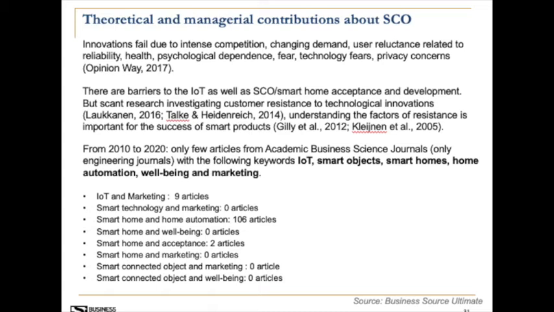There are only 9 articles on IoT and marketing, 0 articles with the keyword smart technology and marketing, 160 articles on smart home and home automation, but engineering articles, 0 articles about smart homes and well-being, only 2 articles about smart home and acceptance, 0 articles about smart homes and marketing, 0 articles about smart or connected objects and marketing and well-being. So you see there's a big gap, and research is necessary to fill in the gap to do research about smart connected objects and Internet of Things, well-being and consumer resistance to these technologies.